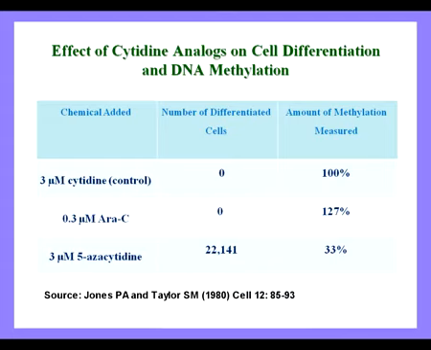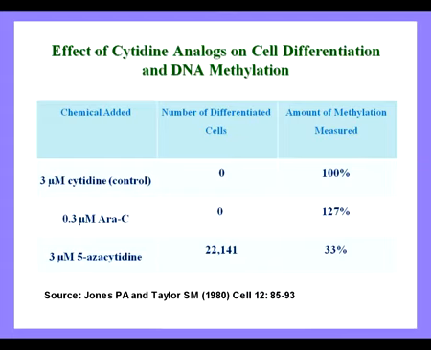Another sample was 0.3 micromolar arabinose cytosine, which is another analog of cytosine and also acted almost like a control. Here also no differentiation was seen and 127% methylation was measured. Why 127? That shows that there were some cytosines other than CpG islands which also got methylated.